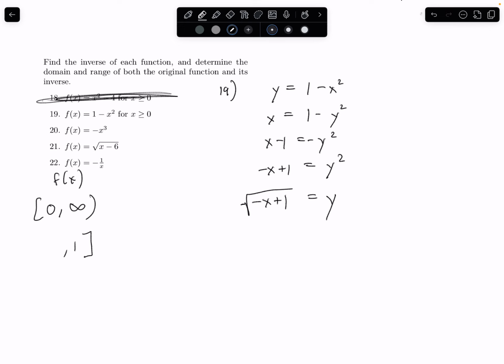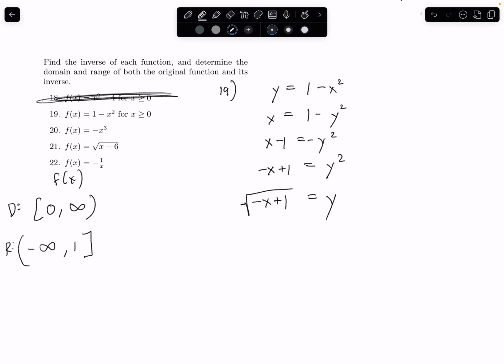And then I can get anything that's smaller than that, down to negative infinity. I can confirm that by just graphing it real quick. So positive 1, negative x squared, opens downwards. But it's only for x positive, sorry. So only this side of that graph, yeah? So I get from 1 and below. That's the range. This is the domain and range for the original f.